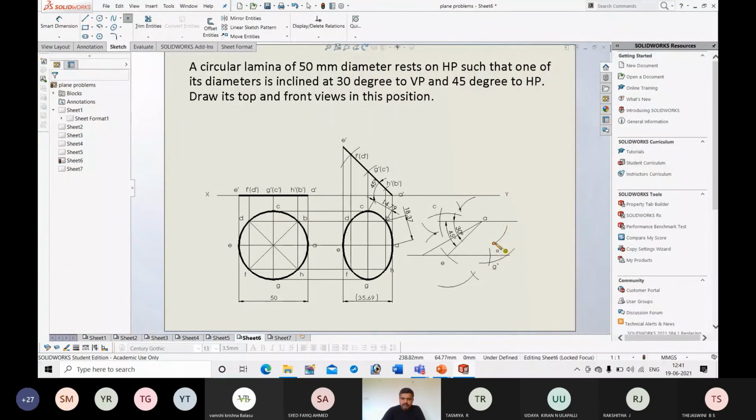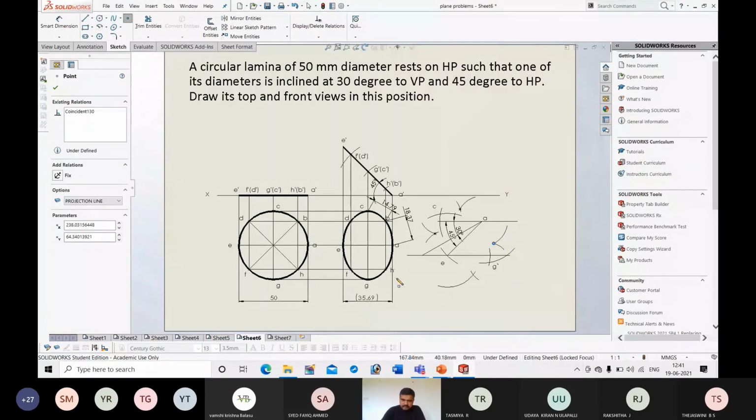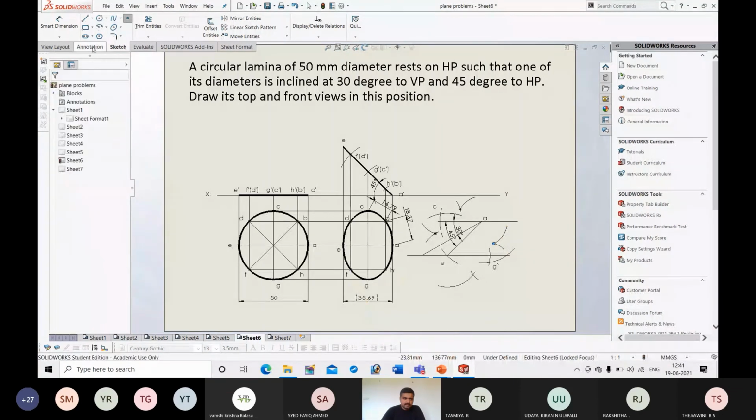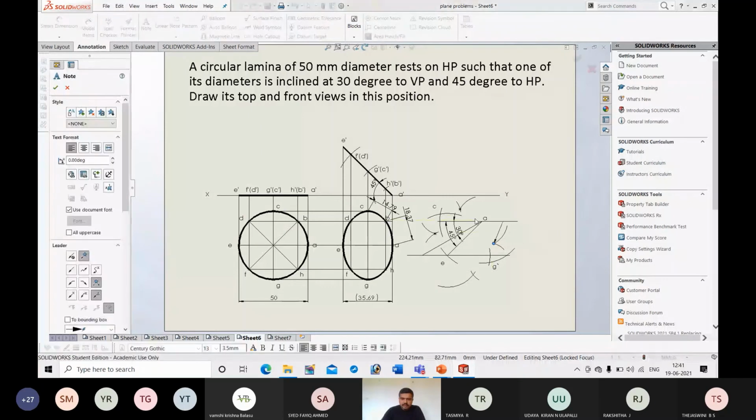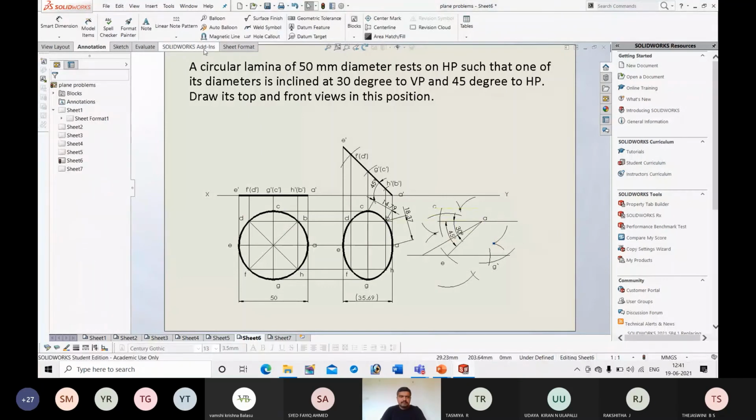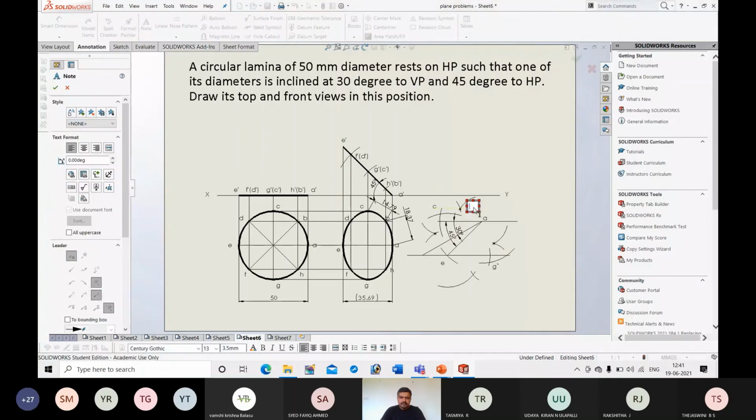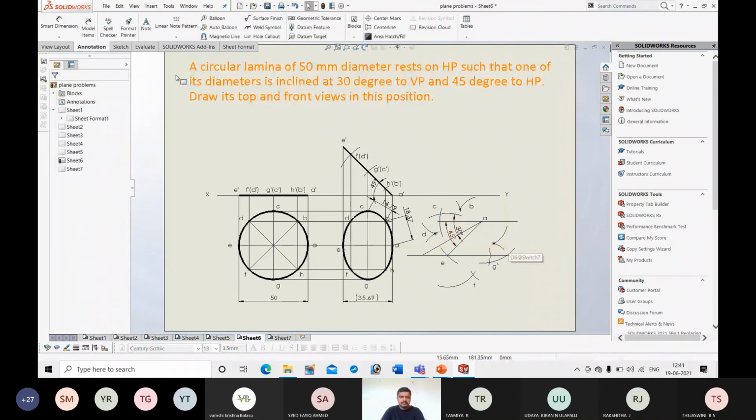Okay, so this is point H. Now I will mark these points: A, B, then C, D, E, F, G, H.